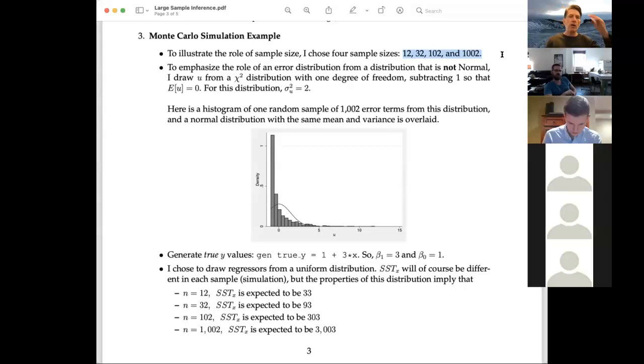And for an error term here, I am going to use a draw from a particular error distribution based upon a chi-square with 1 degree of freedom. So, in a different statistical class, you would have learned about certain kinds of things that under a null hypothesis should follow a chi-square distribution.